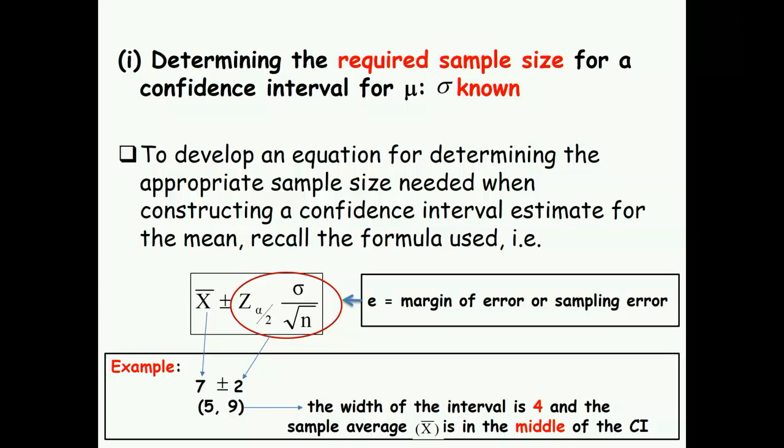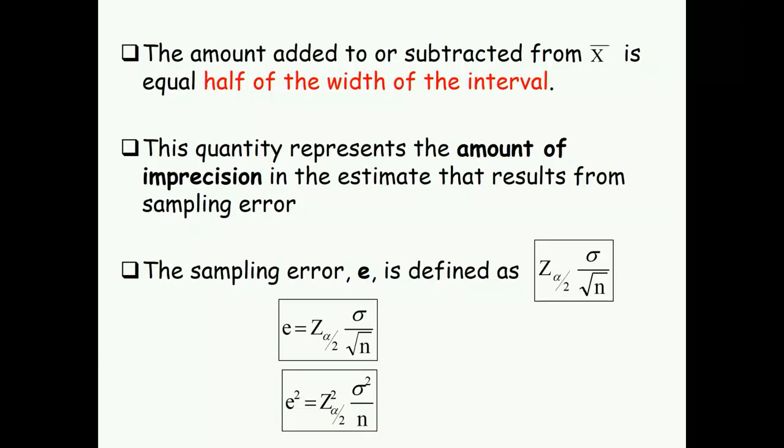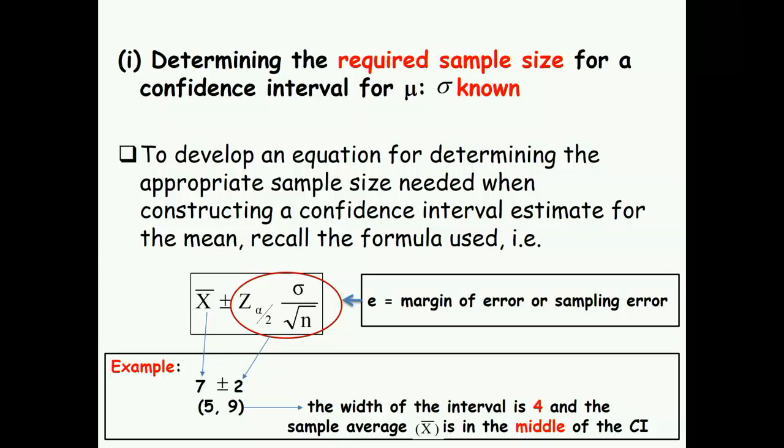So the width of the interval divided by 2 is the margin of error. Always keep in mind, between 5 and 9, the width of the interval is 4, and half of that 4 is the margin of error.